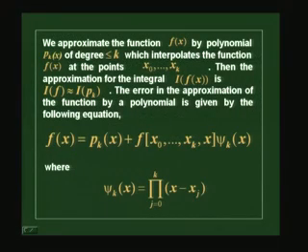So, in this case I have written a k plus 1 order term. There is a kth order polynomial and a k plus 1 order term, and the error at x.